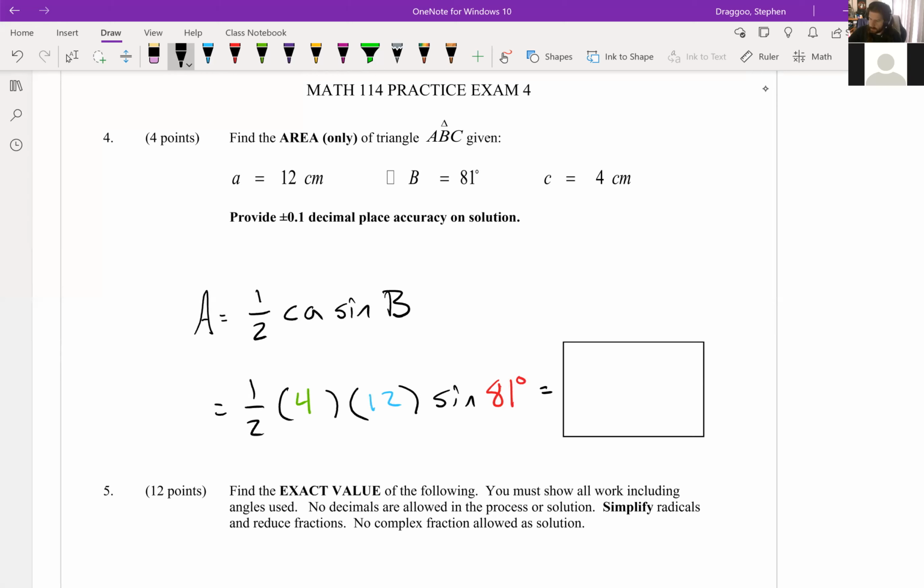That's going to come out to 24 sine of 81 degrees. I'm coming up with 23.7 when I plug that into a calculator, and that should be in square centimeters.